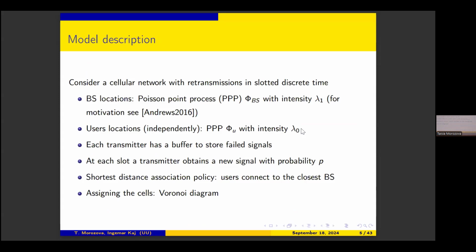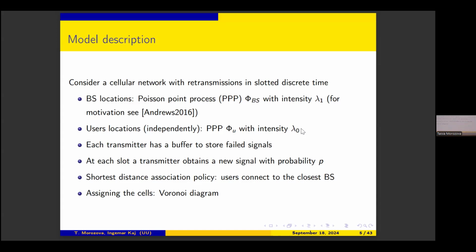Now maybe I will talk a little bit about the model that we consider, and I think we should highlight some of the crucial features. It's a cellular network with a buffer, which we consider in slotted discrete time. Then we have the base stations, and we have the users. To model the locations of base stations and users, we use Poisson point processes.